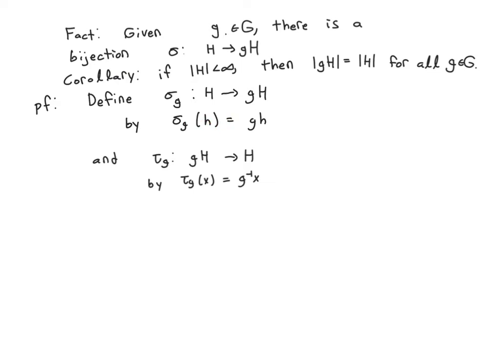So you're sending an element in the subgroup to something that looks like G times an element in the subgroup. Congratulations, we're very smart. What would be an obvious choice of inverse? Well, what would be the way to undo multiplication on the left by G?